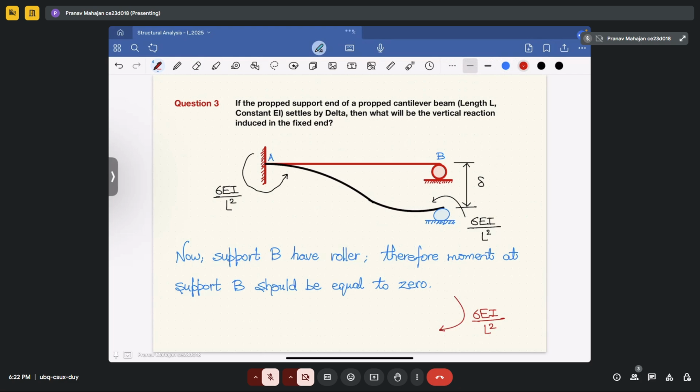Then corresponding to it, you will have a carryover moment at the fixed end, which will be half of the applied moment. So it will give you a same direction moment at the fixed support equal to 3 EI by L square.